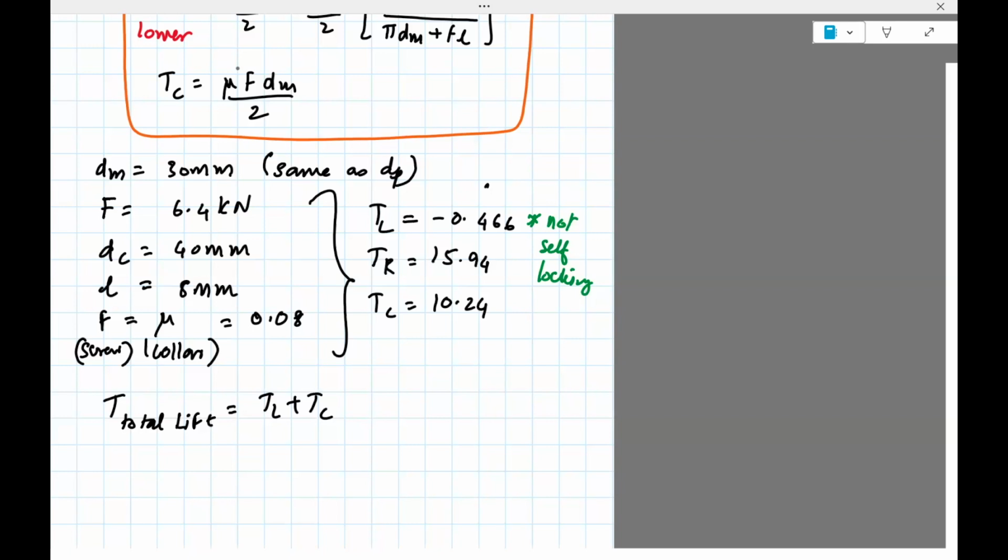So you need to apply a force equal to that to the collar end, that due to lowering without any collar.